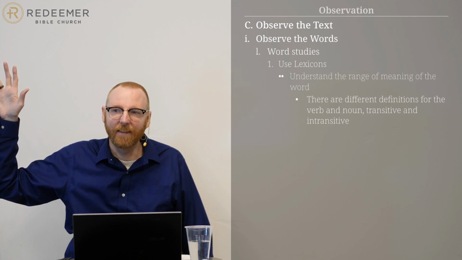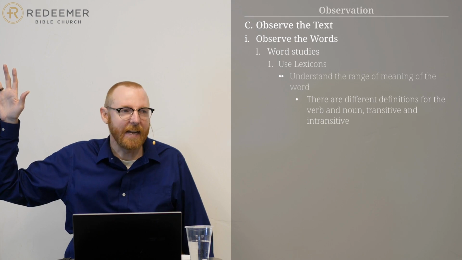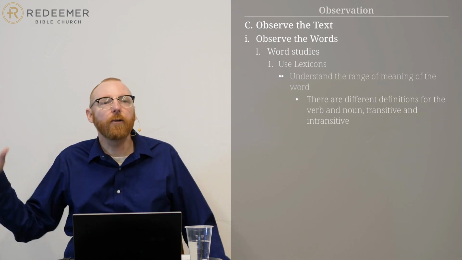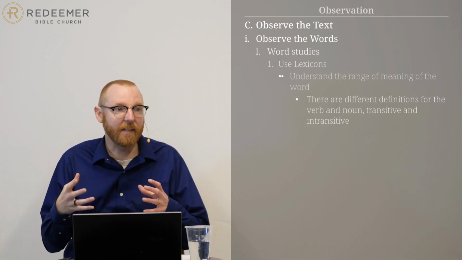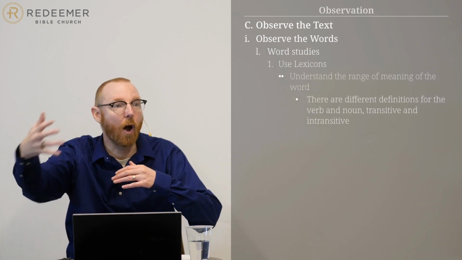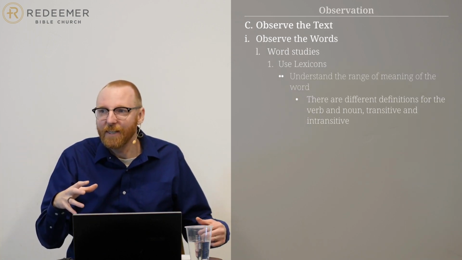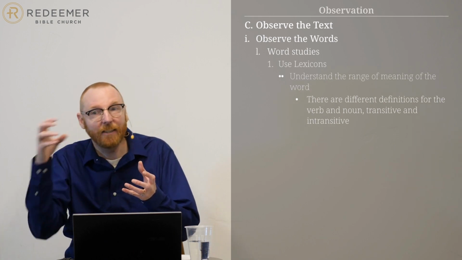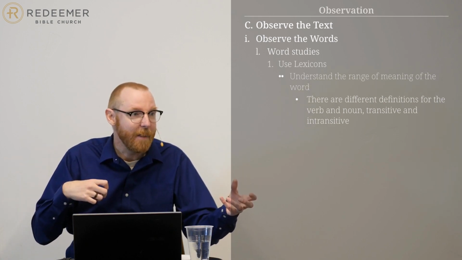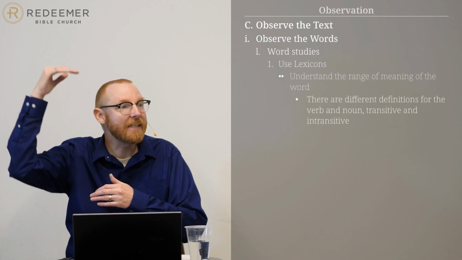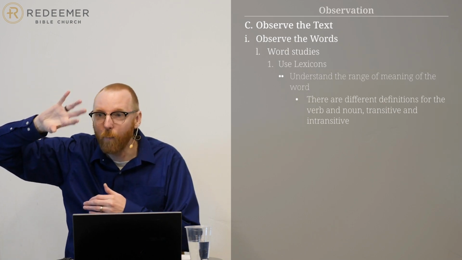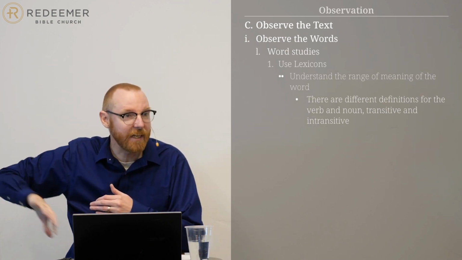It's about the object. Like, I ran, that's intransitive. It doesn't have a direct object. I ran a business, that's transitive. So that same verb can be transitive or intransitive, and in the dictionary, it'll list definitions for when it's transitive and definitions for when it's intransitive.